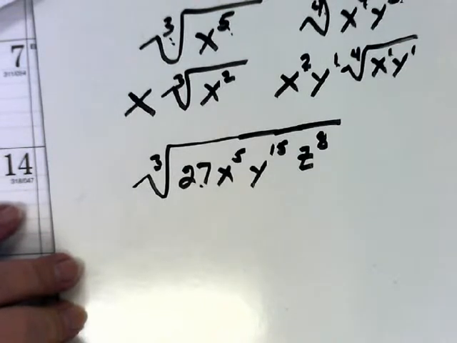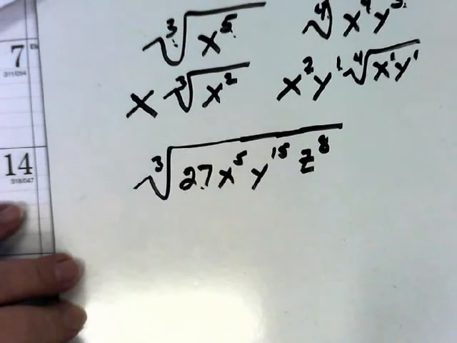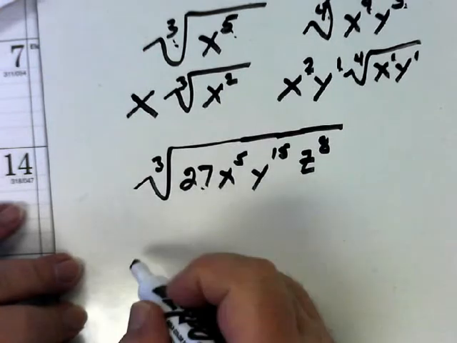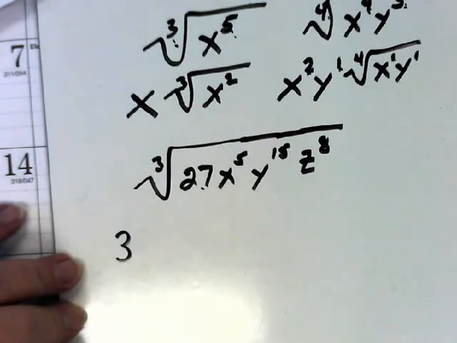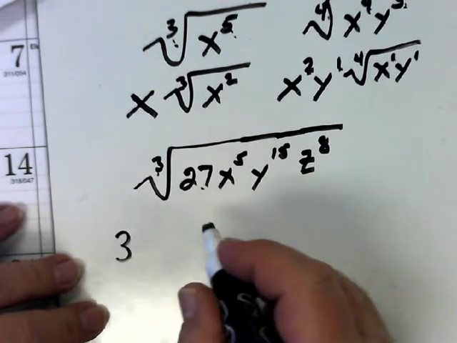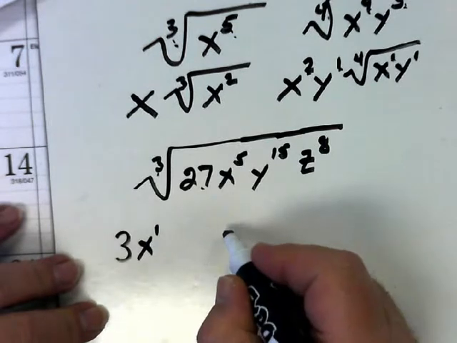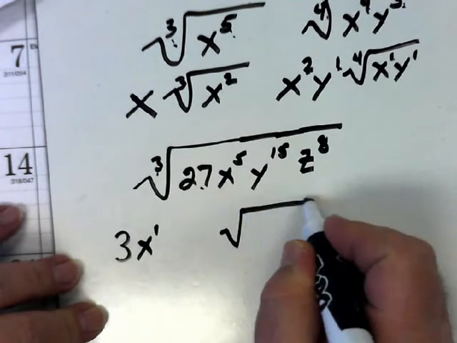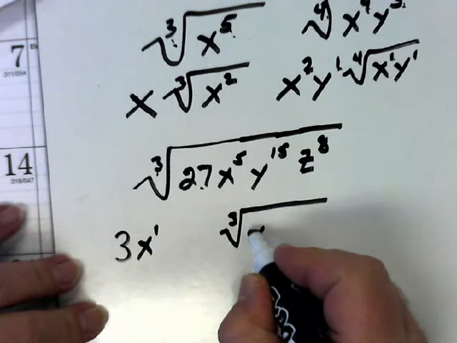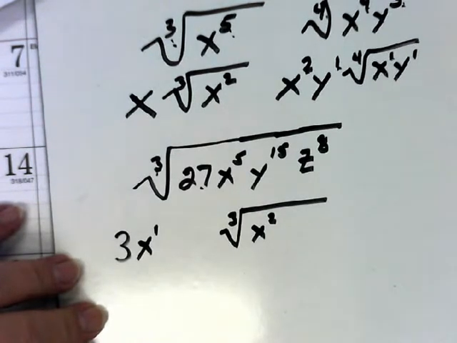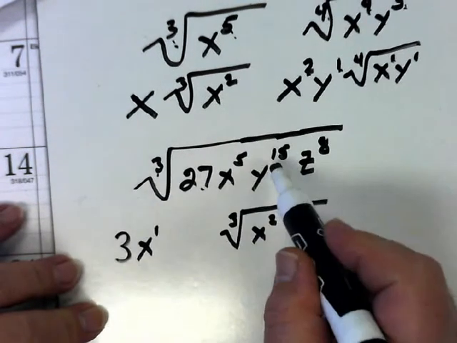Remember we talked about that yesterday, that this means a number times itself. So wouldn't 27 have a perfect cube of 3? How many times will 3 go into x to the 5th? So I'd have an x to the 1st. How many are left inside? 2 of them, right? 3 goes into 15 how many times?